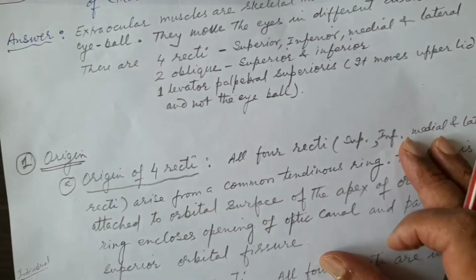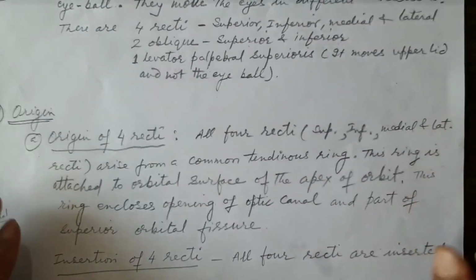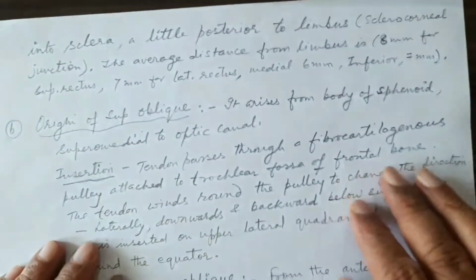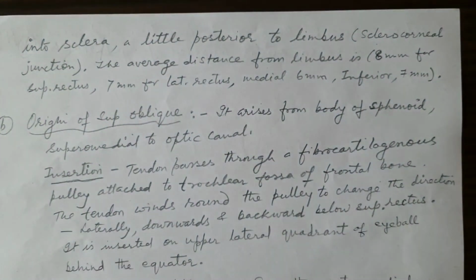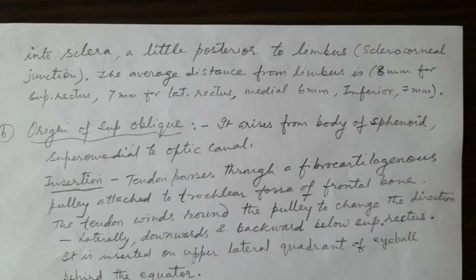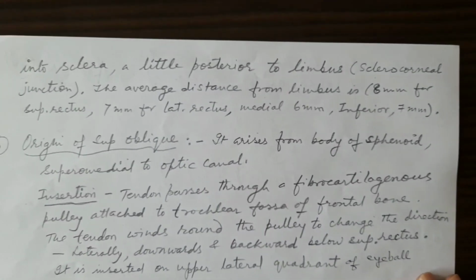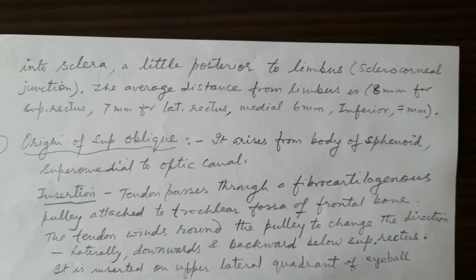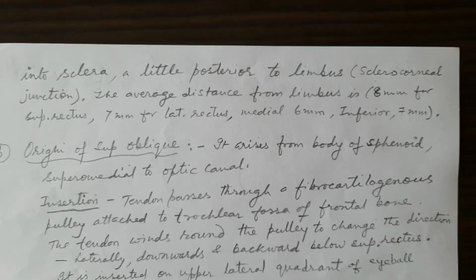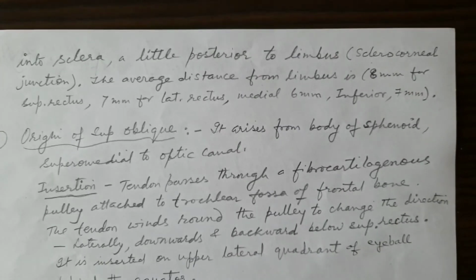Let us come to the insertion of these four recti. All four recti are inserted into the sclera, as I said, a little posterior to the limbus or the sclerocorneal junction. The average distance from the limbus backward is 8 millimeter for superior rectus.